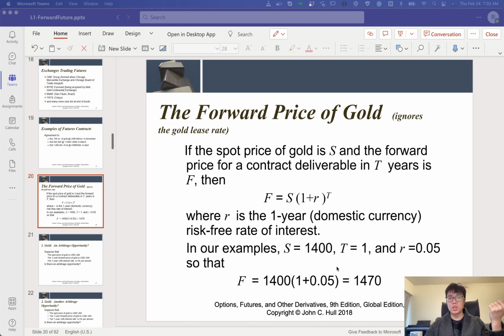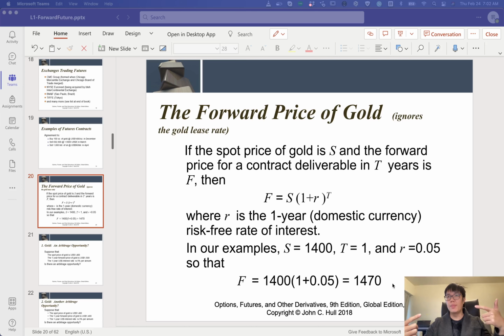Because the power is 1, I don't write it here, but by this formula F will be equal to $1,470. So this is the theoretical value of the contract. However, you know that in the market, the price can be higher or lower because of demand and supply. So F is just a theoretical value for reference.